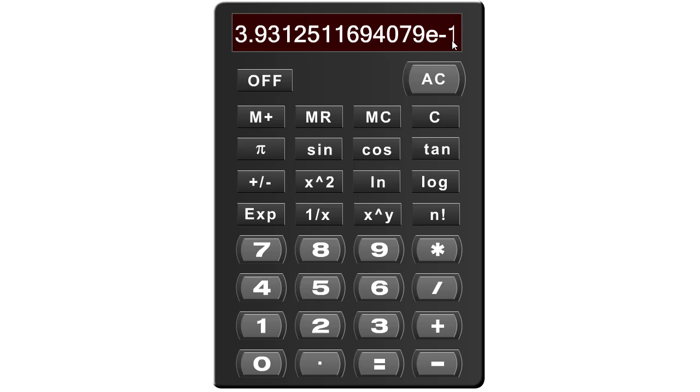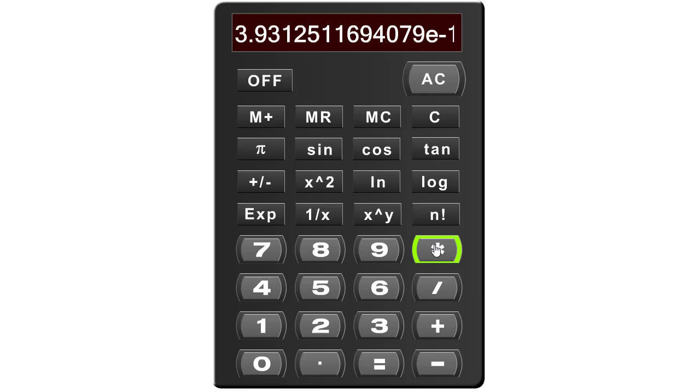Now we can't actually see the number on the screen, it doesn't matter about the actual value there, because this is the energy per atom.